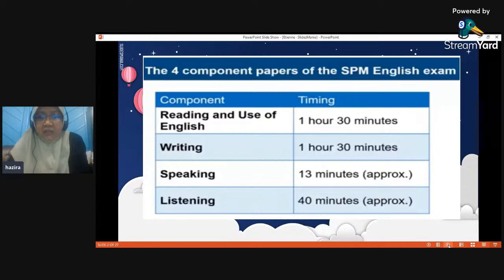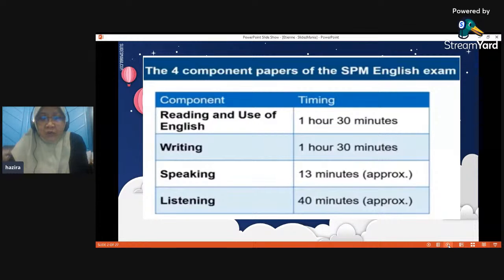The time given includes the time needed for reading the rubrics, or listening to the instructions from the interlocutor or the teacher.